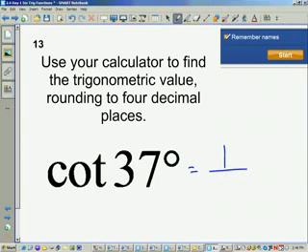Cotangent, that's going to be 1 over tangent of 37, not 77. Alright, so if I do that on my calculator, 1 over tangent 37, 1.3270.